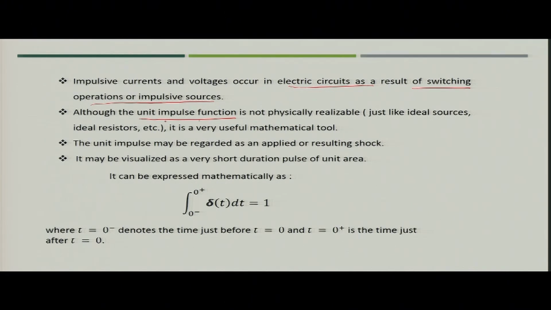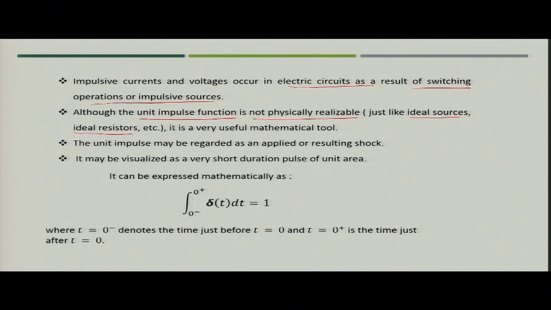Now, although the unit impulse function is not physically realizable, similar to what we have seen in the case of ideal sources like the ideal voltage source and ideal current source, practically we do not have an ideal voltage or ideal current source. Similarly, an ideal resistor does not exist.